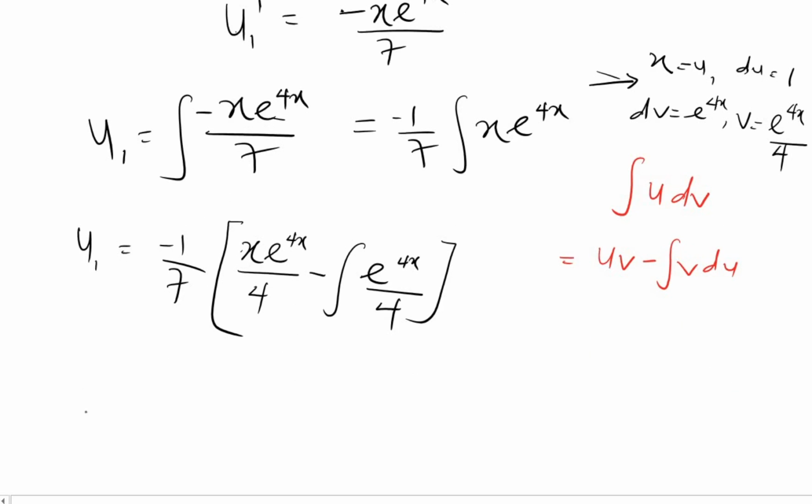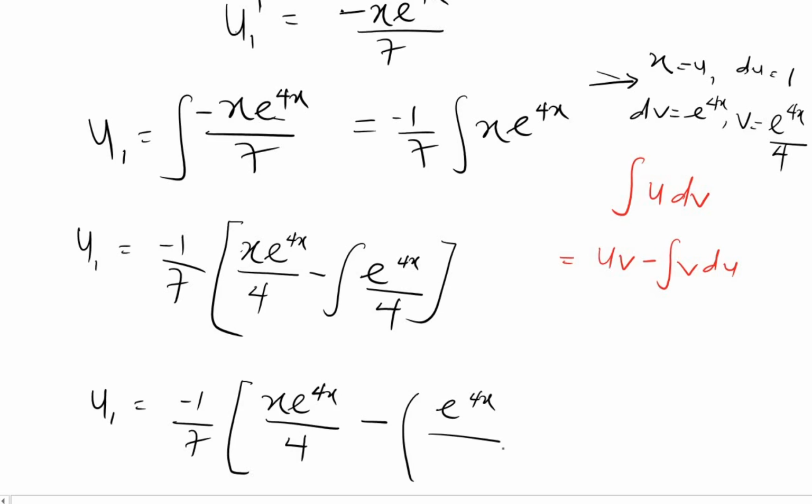Moving further, I'll say u1 is equal to minus 1 over 7 into x exponential of 4x over 4 minus exponential of 4x over 4 times 4, which is the same thing as exponential of 4x over 16, since 4 times 4 is 16.